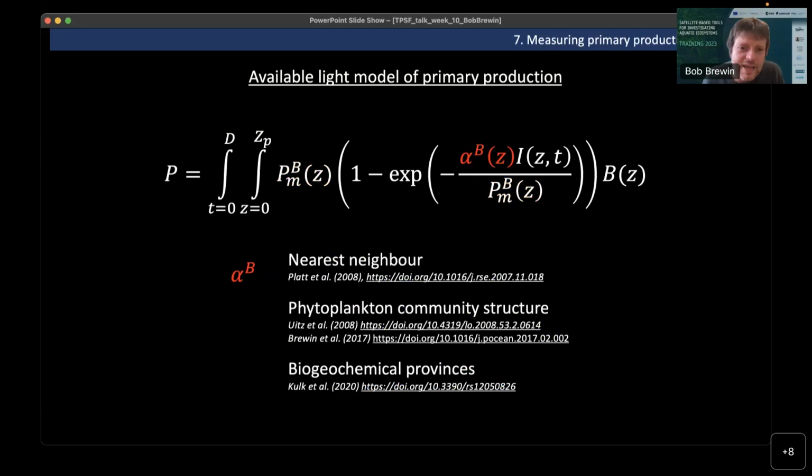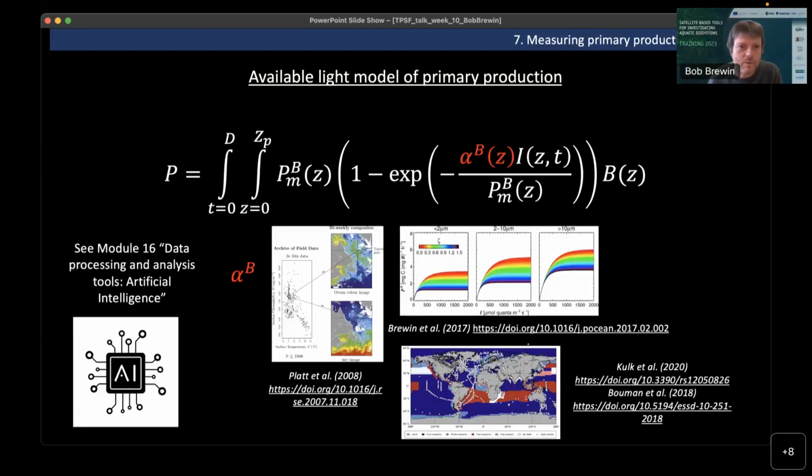But these are just three ways in which we can estimate alpha B. So this initial slope, the efficiency of the phytoplankton, we can estimate that parameter and feed it into our primary production estimates, again using the nearest neighbor technique I mentioned before, or looking at phytoplankton community structure, or aggregating the in situ data sets into different biogeochemical provinces.